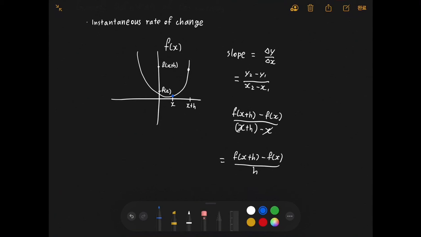So what the mathematicians came up with to find the solution is to decrease this h value. Here is the h. As the h decreases, then this point approaches the x where we want to find the slope.